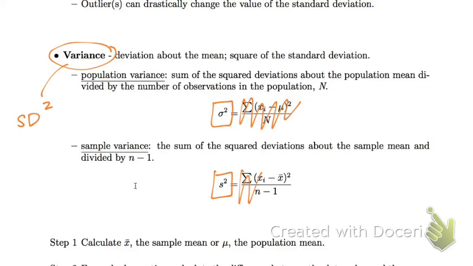You don't need these formulas because the calculator will provide. So the only thing that you need to know, if it asks for variance, you're just going to take your standard deviation and you're going to square it. If it gives you the variance and it wants standard deviation, you just square root it. Pretty simple.